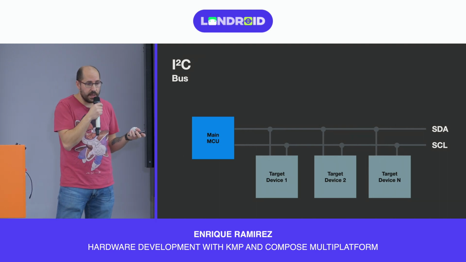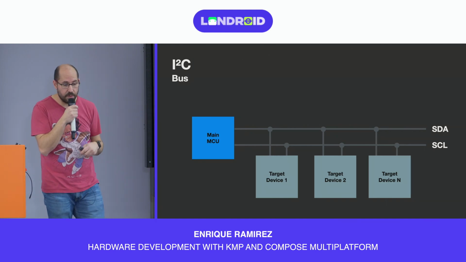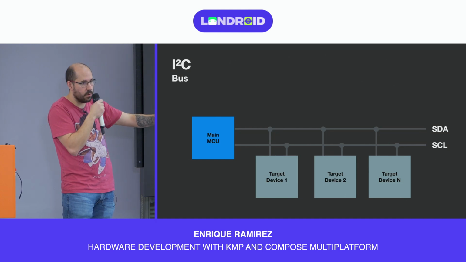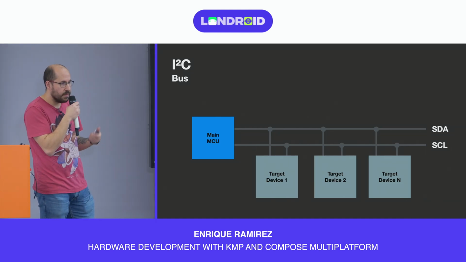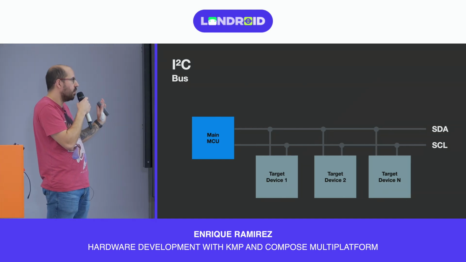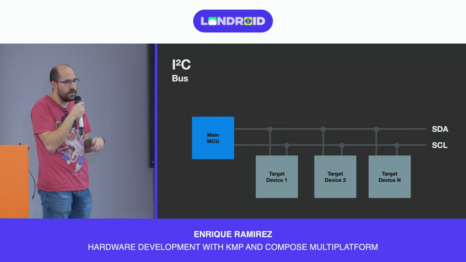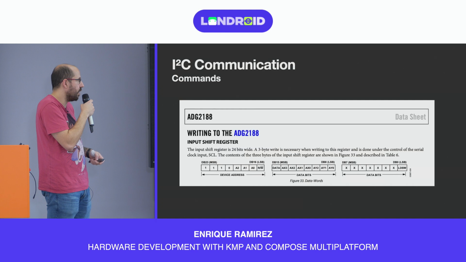The reason why they can share the same pair of cables is because they are using addresses internally. So every target will have a different address. But at the moment we are going to use only one. It seems like we could use this protocol in the future to control other things.